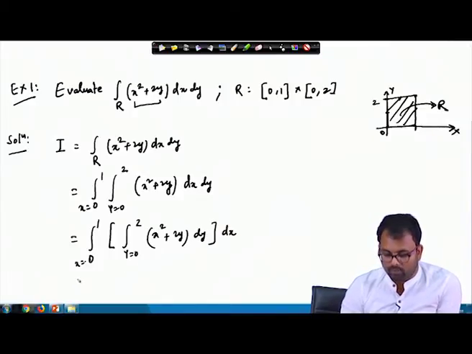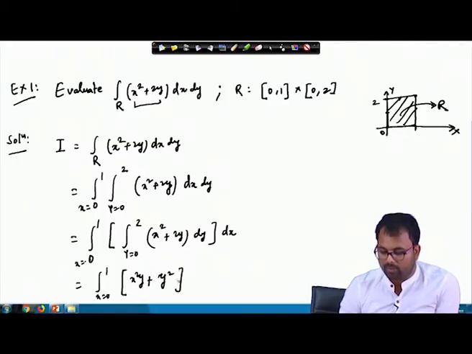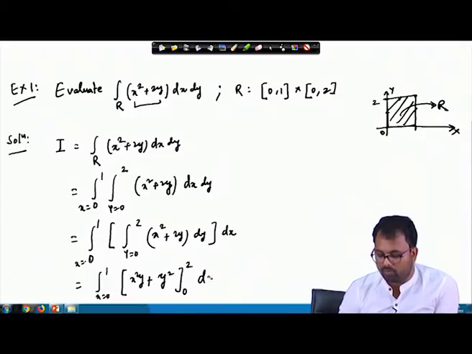So, if we integrate with respect to y, then this will be x square y plus y square, right, because it will be y square by 2, and then 2 will cancel out, integral value from 0 to 2.